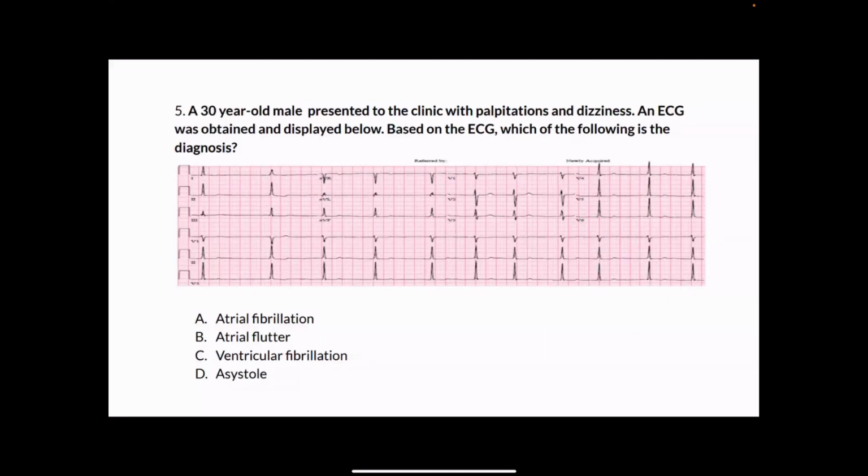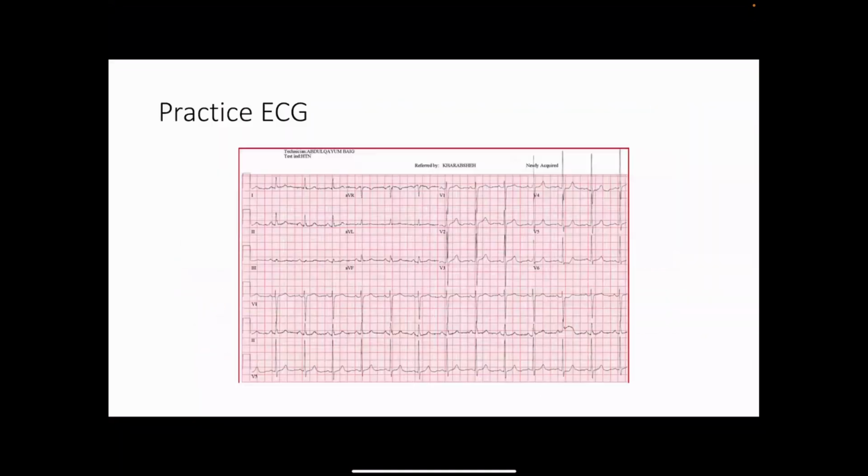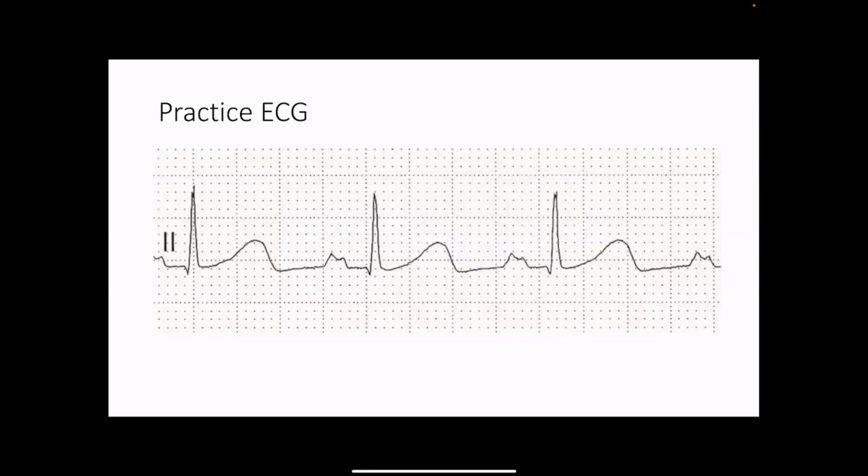Left atrial enlargement. Oh, you're answering which one? This one? No, the first one that you put. Oh, okay. Yes, exactly. This is left atrial enlargement because you see the notch.